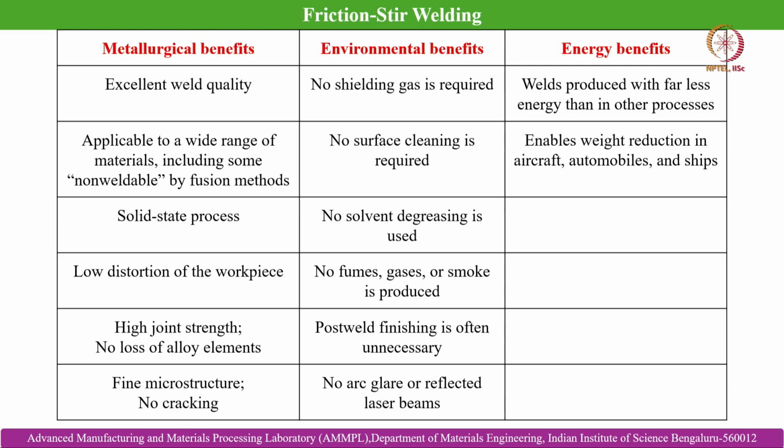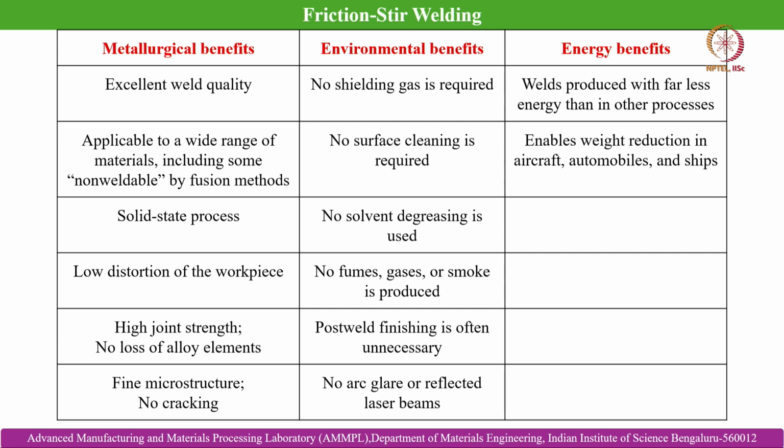The metallurgical benefits of friction stir welding are its excellent weld quality, and it is applicable to a wide range of materials, including some non-weldable by fusion methods. It is a solid state technique, so it gives low distortion of the workpiece, because heating takes place only because of friction and in a highly localized manner. So the distortion of the weld joint assembly is much lesser.